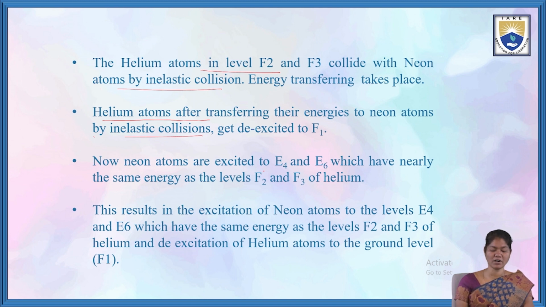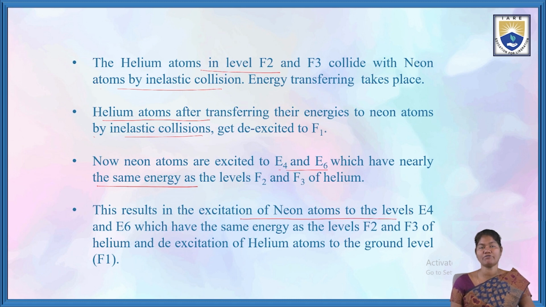Neon atoms are excited to E4 and E6, which have nearly the same energy as the levels F2 and F3 of helium. This results in the excitation of neon atoms to the levels E4 and E6, and the de-excitation of helium atoms to the ground level F1 takes place.